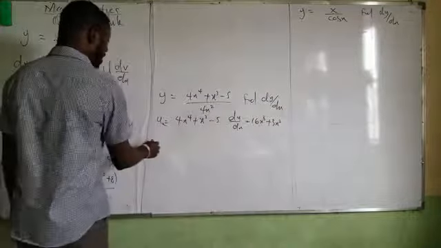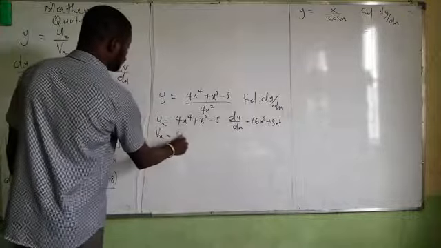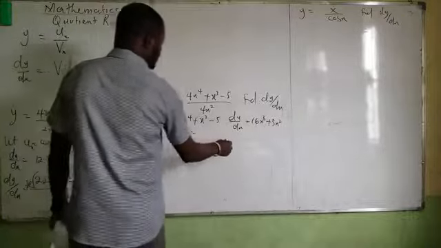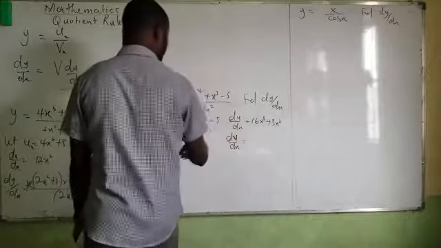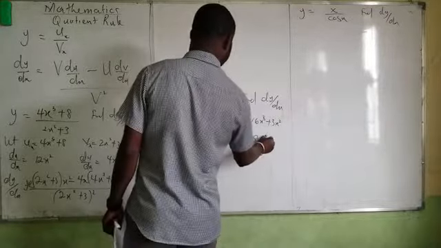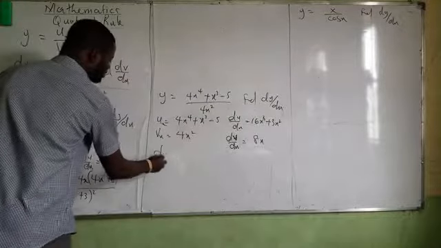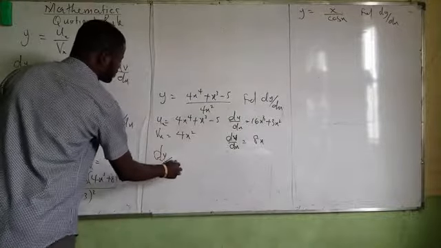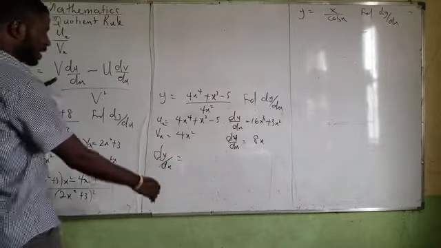And also my v of x equals 4x squared, my dv/dx will be equal to 8x. Now, I can move on by having dy/dx will be equal to my v, don't forget, my v is 4x squared.